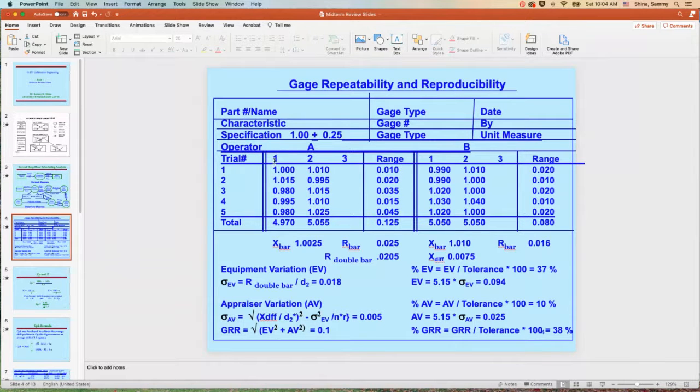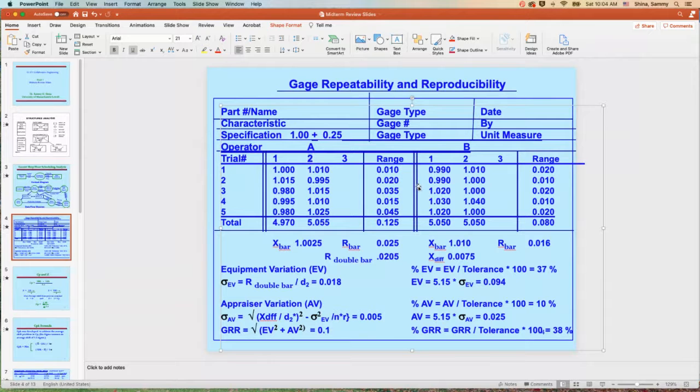So operator A tests the 5 parts once, tests the 5 parts twice. So we have an operator A average, and we have an operator A R bar. Operator B does the same.